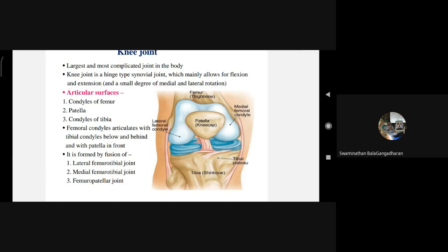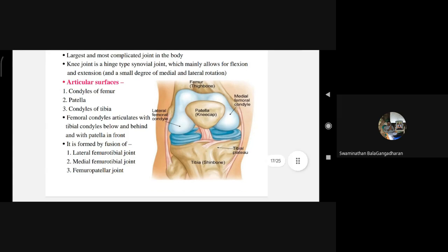If I am moving my hand towards my belly, then it is towards the midline. If I am moving my hand away from my belly, then it is away from the midline.